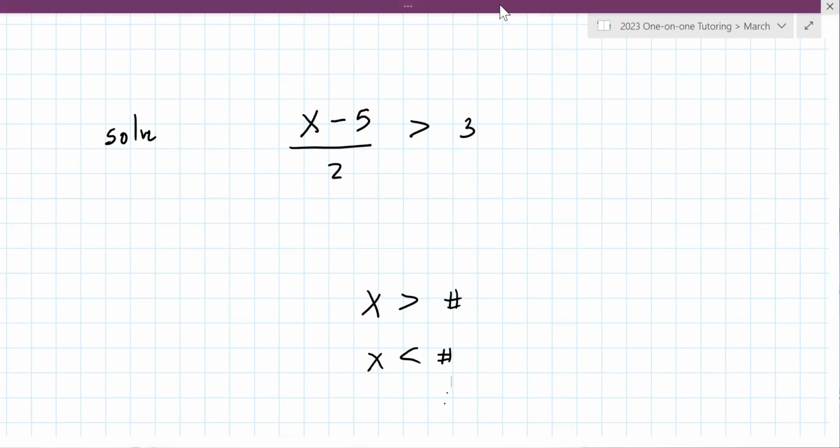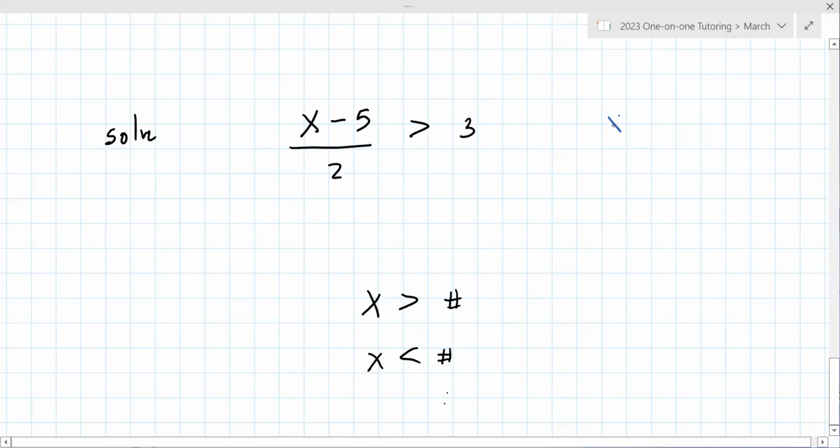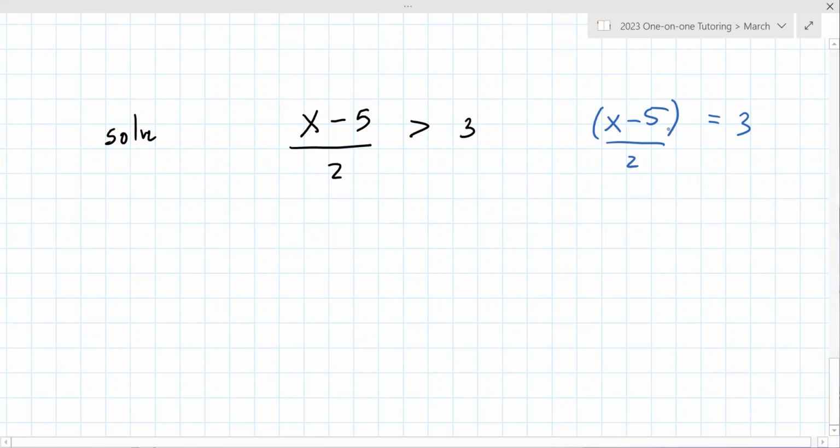So there's an analogous problem here. Let's say it was (X minus 5) over 2 equals 3. How would you solve for X? What would you do first? Divide 5 by 2. So assume that there's parentheses in the numerator. Okay. How would you undo division by 2?